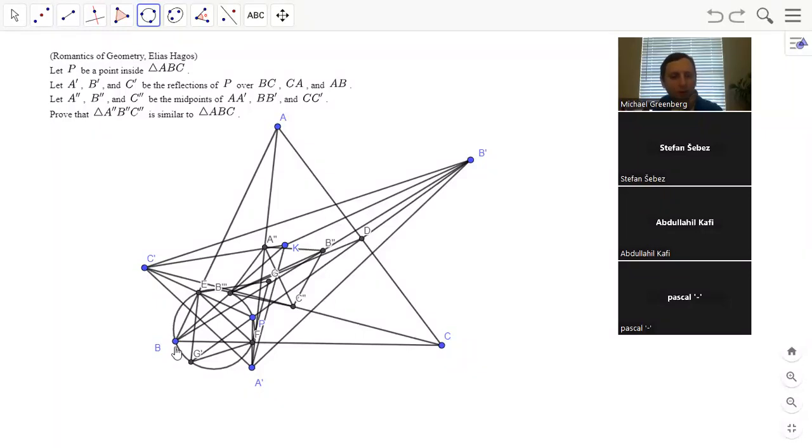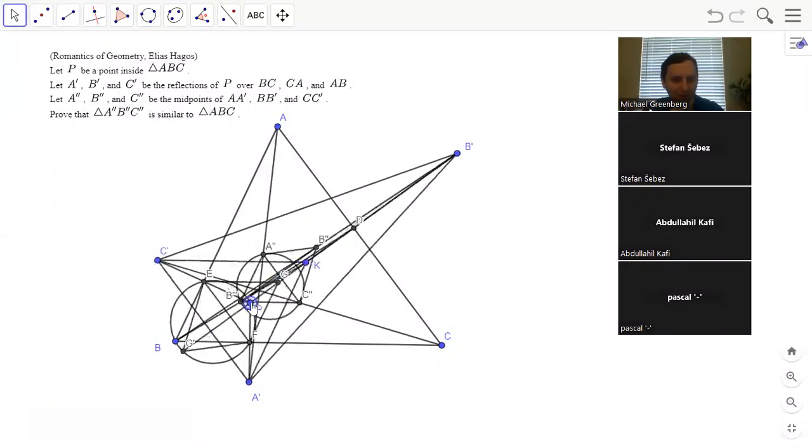Now I'm thinking about using the gliding principle differently. So this is unlikely, but I wonder if P lies on. Oh, does P lie on this circle? That would be crazy.